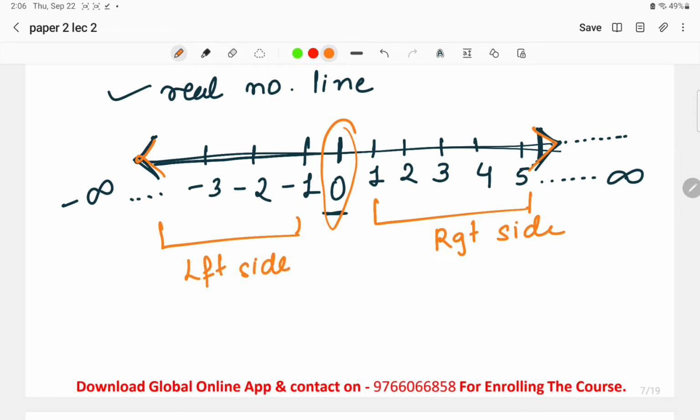So basically this representation is the real number line, and all these numbers are called real numbers. So what are the real numbers?